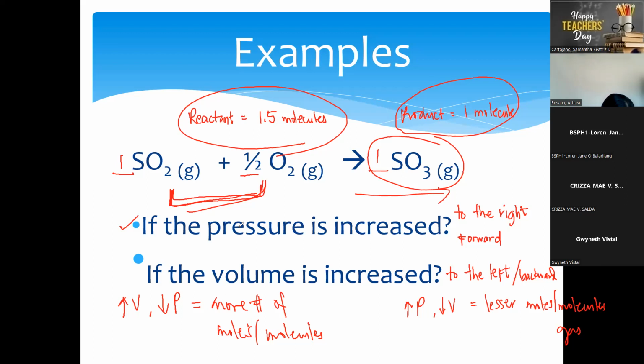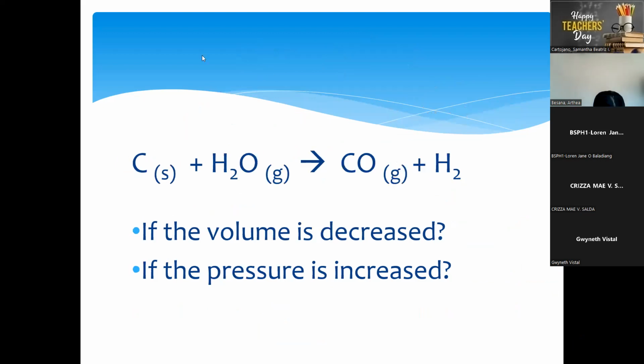Okay? So yan lang. I hope hindi ma-confuse ha. Kasi yung sagot lang dyan, either to the right or to the left, or forward or backward. That is again an attempt of the system to get rid of the stress. So this time it's for the pressure.